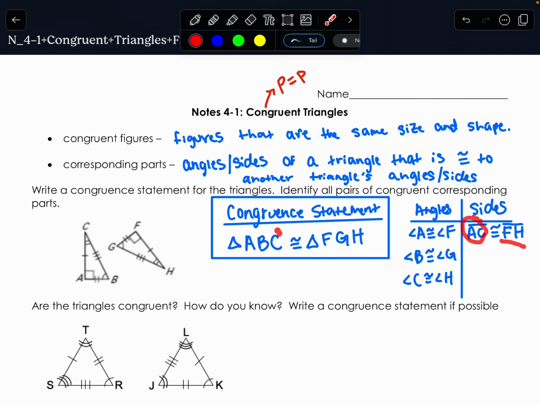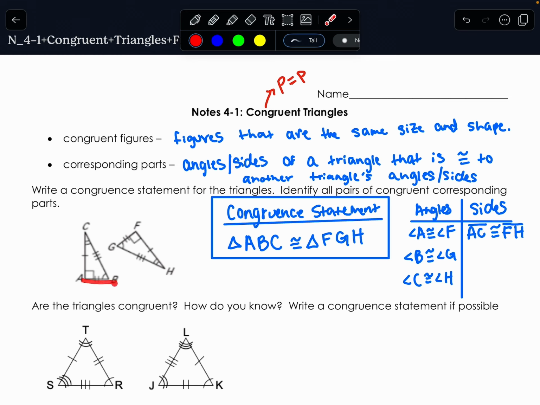The order of the second one does. So you can use your actual congruency statement since you already matched it up here. Or you can use your picture. AC ends up matching up with FH.